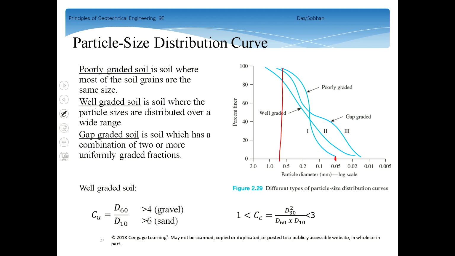A good soil or a well-graded soil is a soil where the particle sizes are distributed over a wide range. For example, this one, the second one, the well-graded. The particle size is from about 1.2 or 1.3 to maybe 0.18, right?